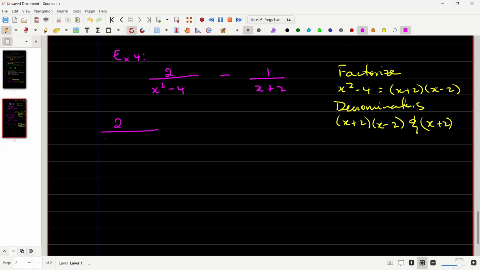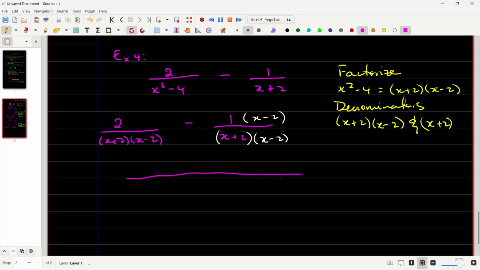So this here is going to be x plus 2 into x minus 2, and then minus 1 over x plus 2, and we're going to have to multiply this x plus 2 by x minus 2. Again, same thing on the top here, multiply by x minus 2, and then we say that the common denominator is x plus 2 into x minus 2.